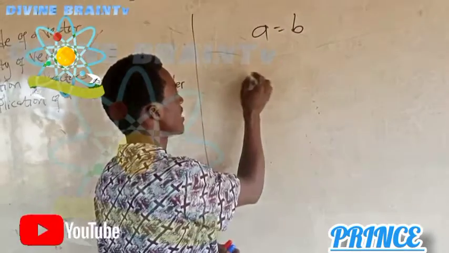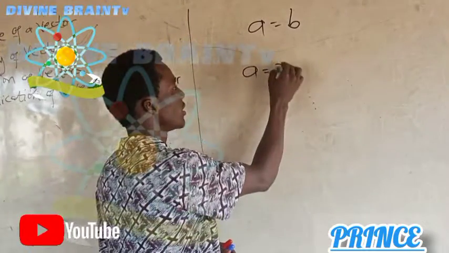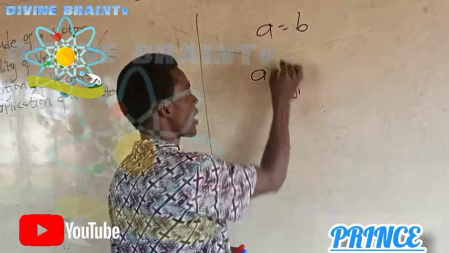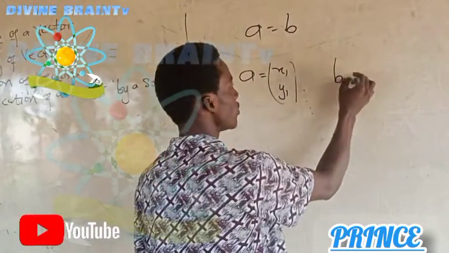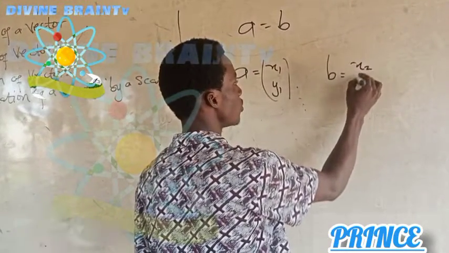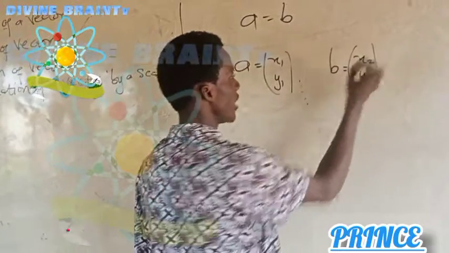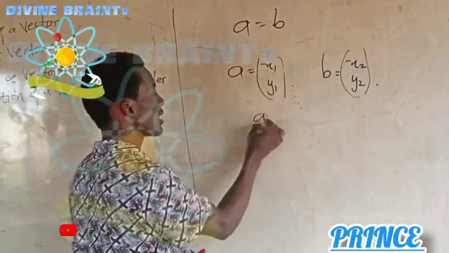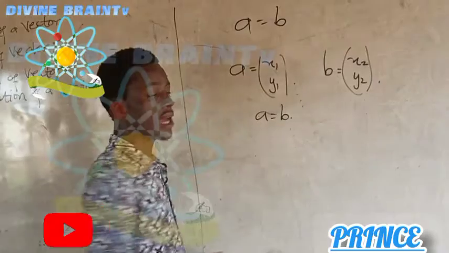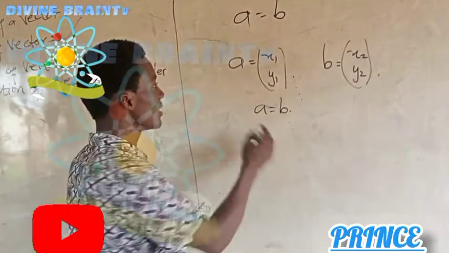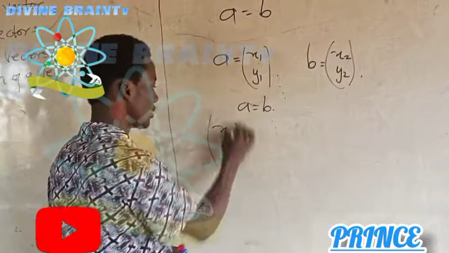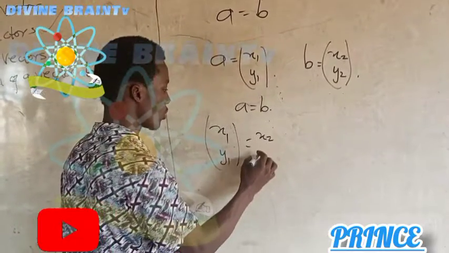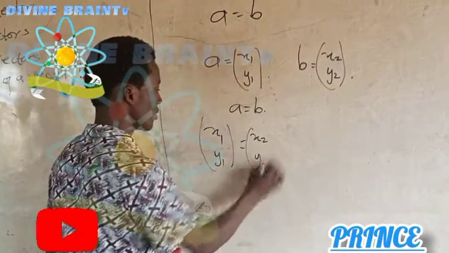So we're assuming that if A is equal to B, and we have our first vector A to be (x1, y1), then we have B to be (x2, y2). That's the vector. And then we say that vector A is equal to vector B. This means that (x1, y1) is equal to (x2, y2).